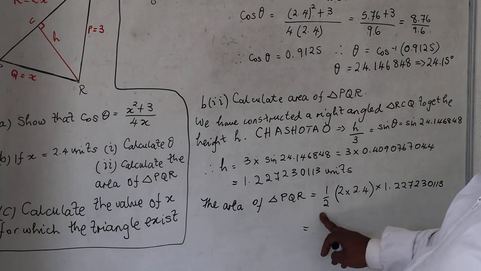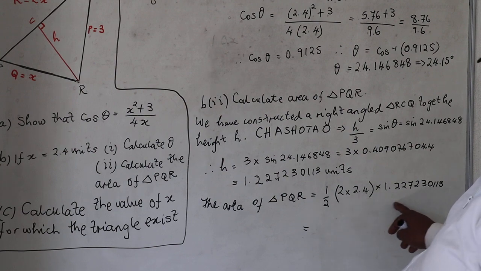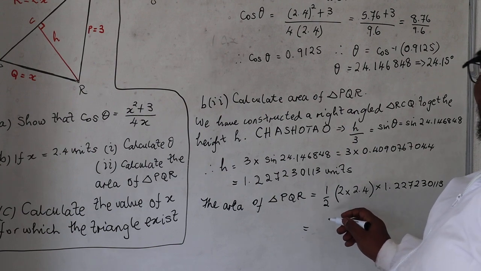So basically the 2 and that 2 cancel out, and then you just end up with 2.4 times that height.